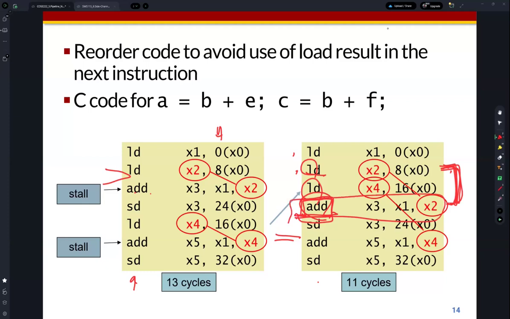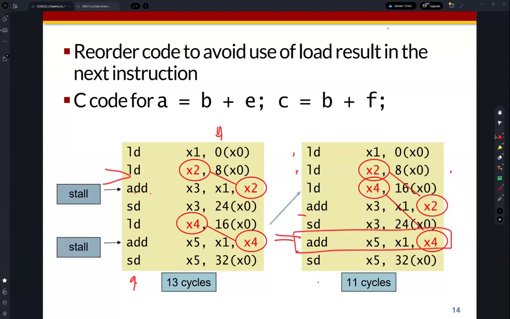So this add instruction does not need to stop. It can be executed because there is another instruction here. So you can find the data dependency pair from this load instruction and this add instruction. Also, you can find that there are two instructions between this load and this add instruction. So this add instruction does not need to stop.